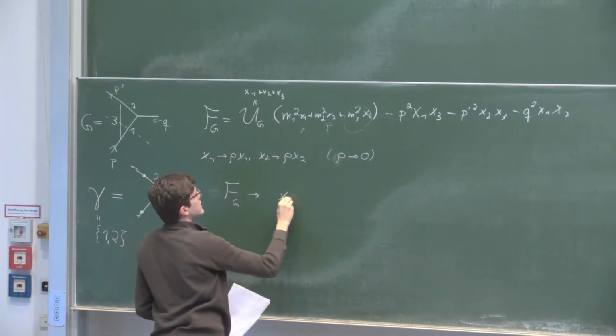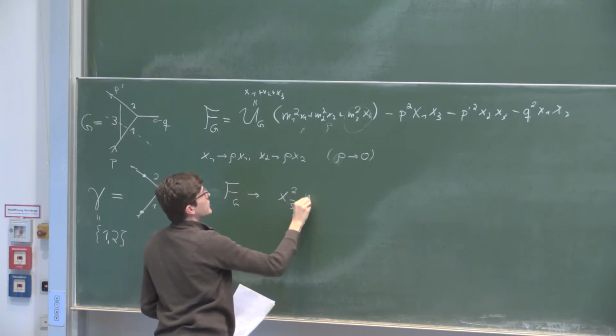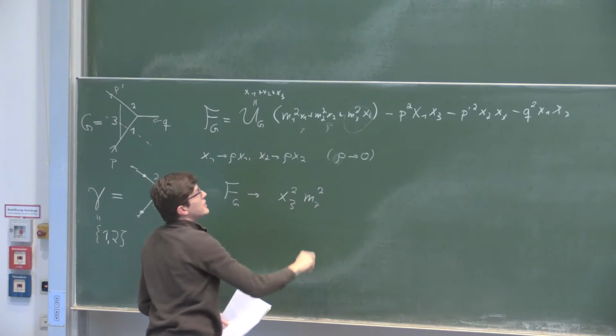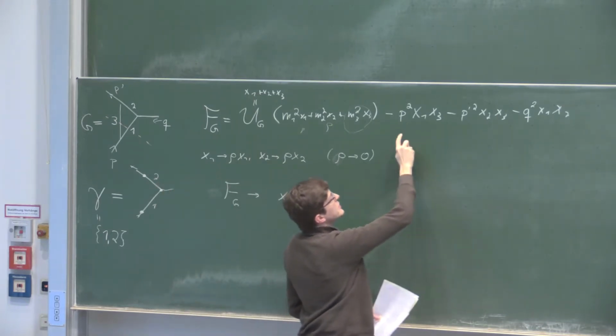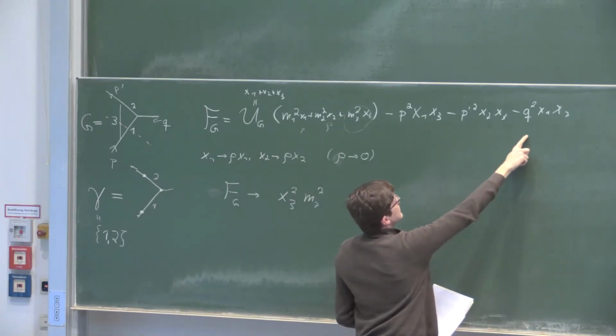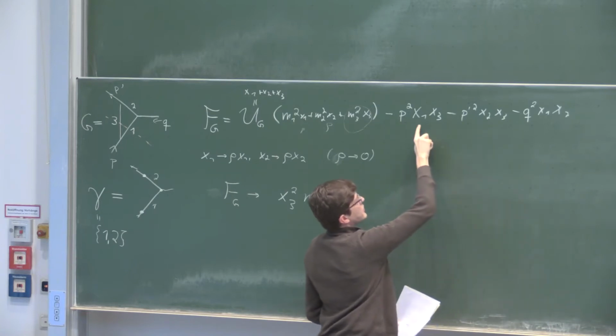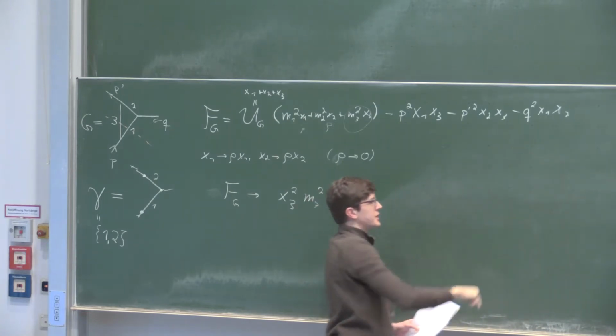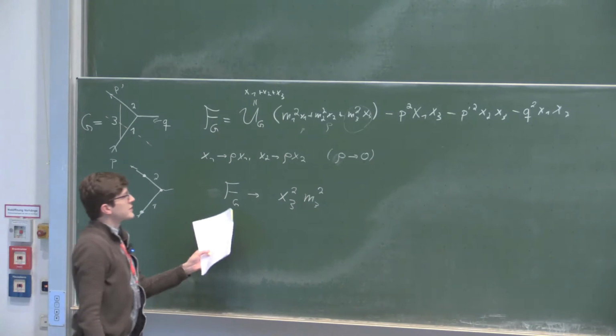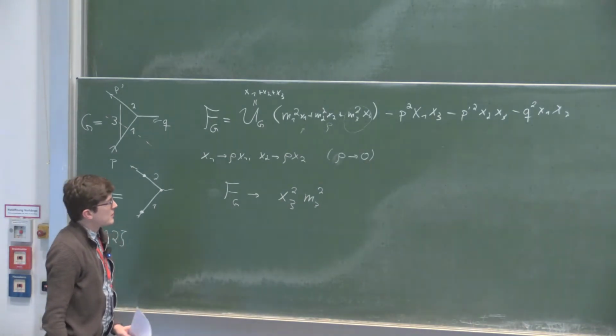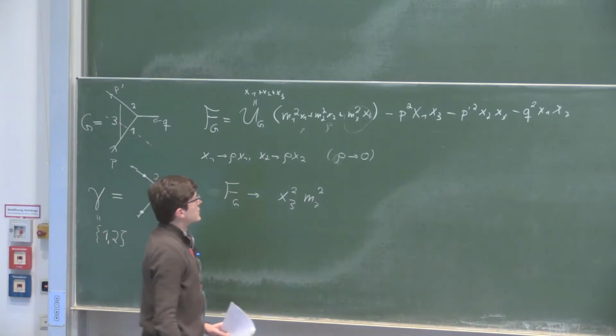So we only get x3 squared m3 squared. And from here, actually all of these terms vanish in the limit, right? Because every one of them gets a rho, or this one even gets a rho squared. So the leading order in this limit, the F polynomial becomes a very simple expression.